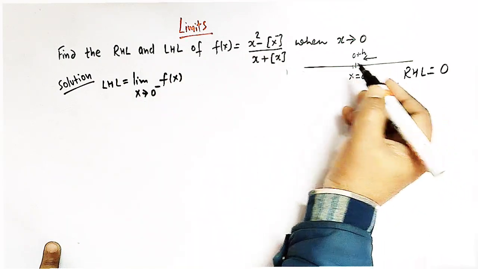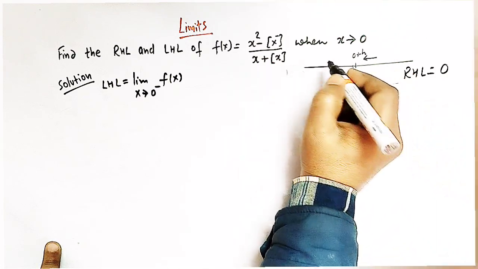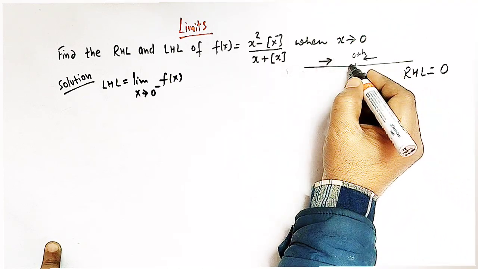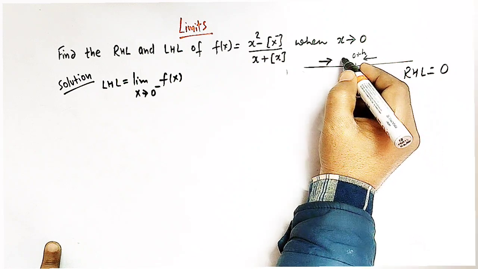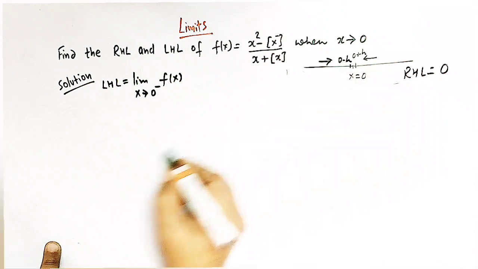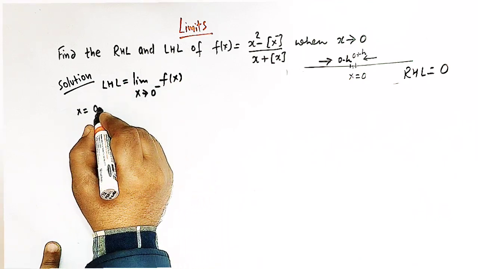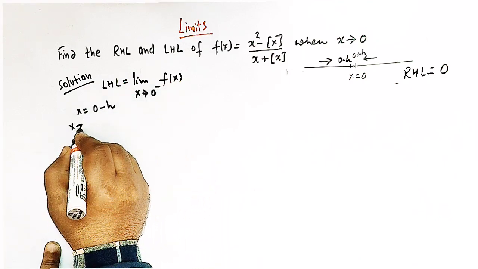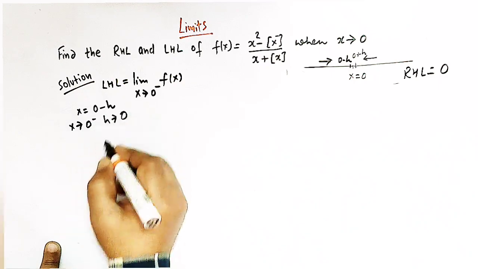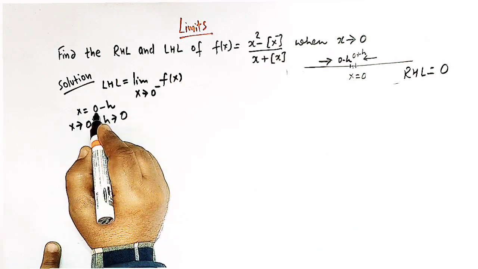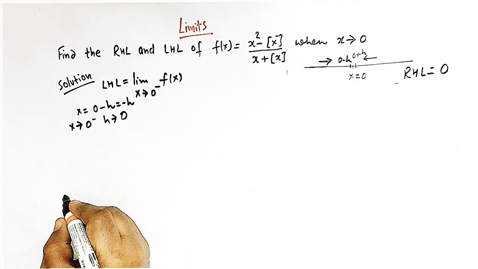So when we approach towards x is equal to 0 from the left of x is equal to 0, then we have a point in the left neighborhood, that is 0 minus h. So here we take x is equal to 0 minus h when x tends to 0, then h tends to 0. So x is equal to 0 minus h, that is equal to minus h, right?